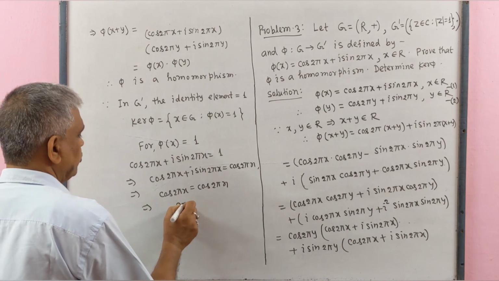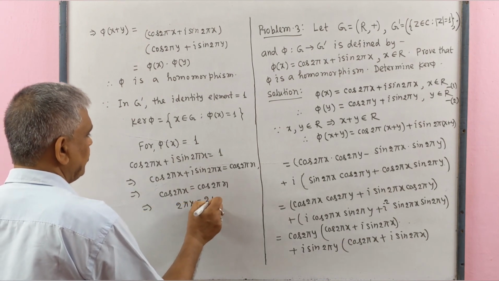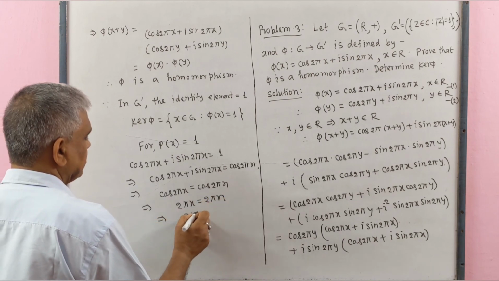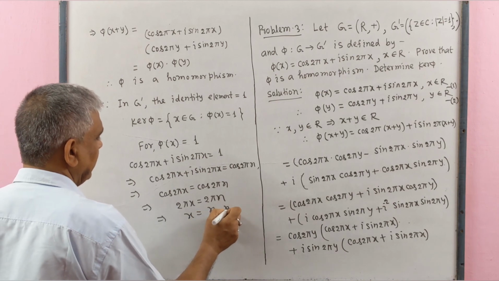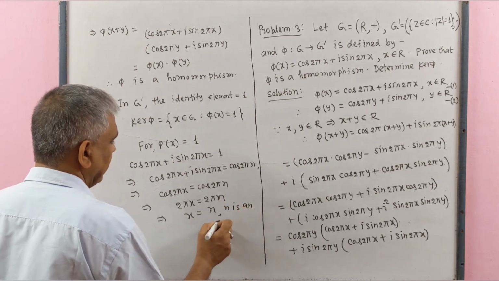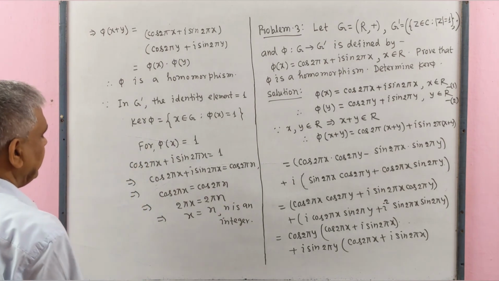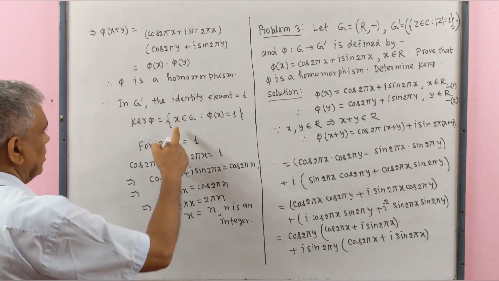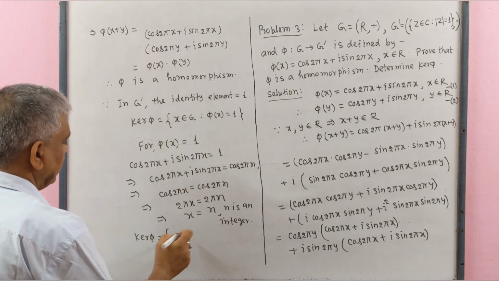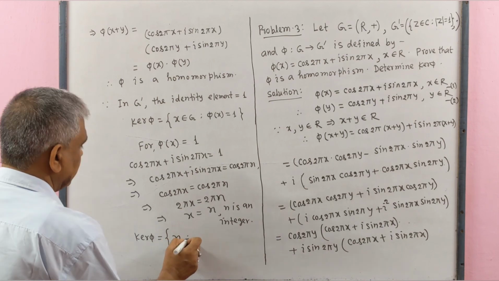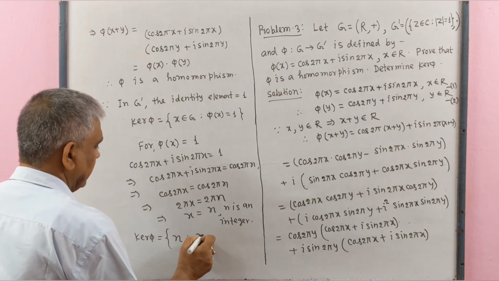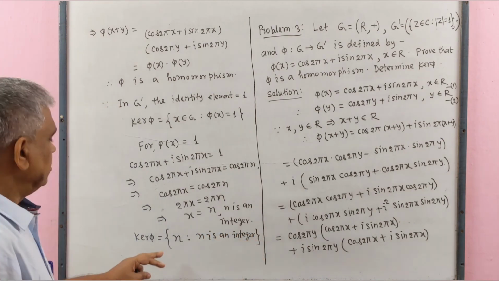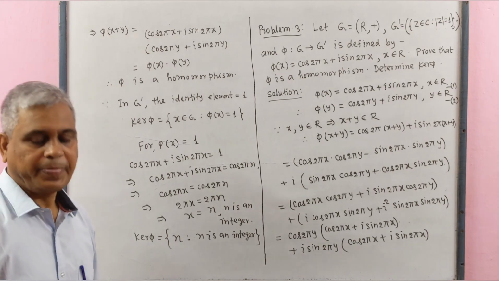This implies that 2 pi x equals 2 pi n, which implies that x equals n, n is an integer. Therefore ker phi equals the set of x belonging to G, x equal to n such that n is an integer. This is the kernel of the homomorphism.